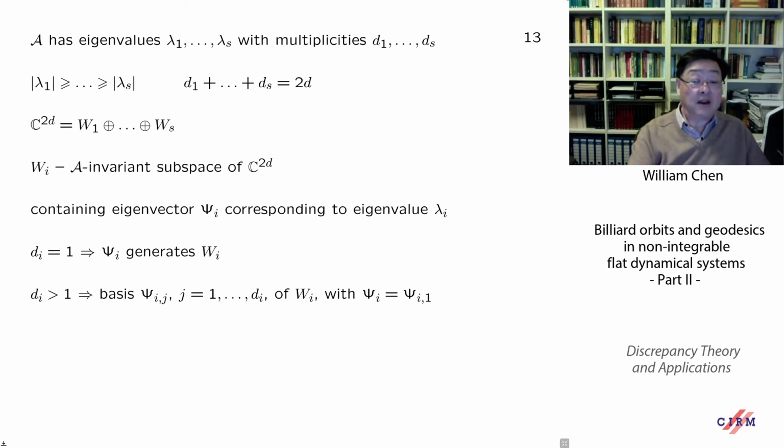On the other hand, if the multiplicity is bigger than 1, well, we still have at least one eigenvector, right? But we can put in a few other vectors and make a basis out of that. And so we end up with a basis of Wi also. And putting the bases of all these different Wi's together, we obtain a basis of C to the 2D.